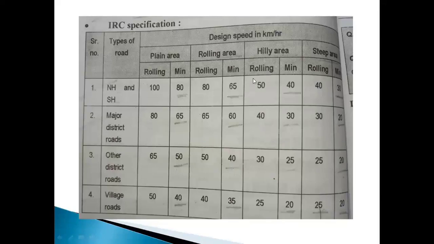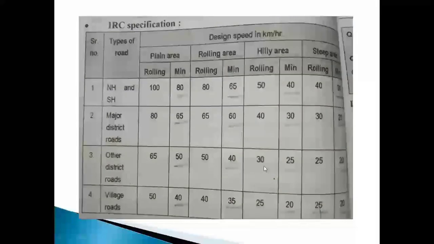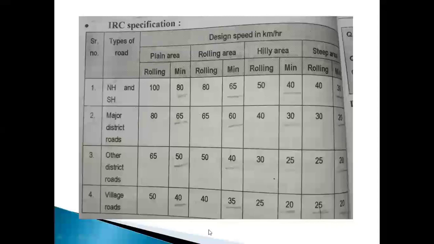Then for hilly areas, national and state highways maximum 50, minimum 40. Then major district roads maximum 40, minimum 30. Other district roads maximum 30, minimum 25. And village roads maximum 25, minimum 20.